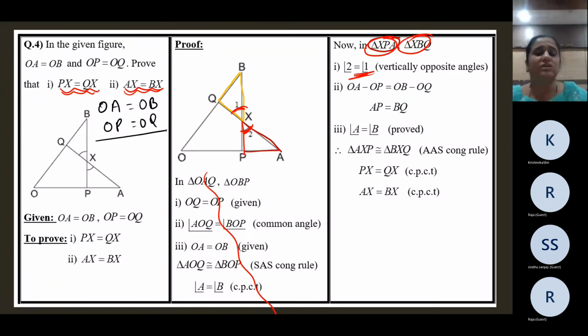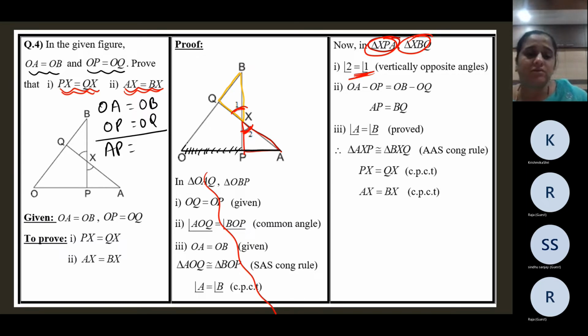Now subtract these two results. You're given that OA is equal to OB and OP is equal to OQ. Just subtract these two results. What is OA minus OP? It's equal to AP. And what is OB minus OQ?